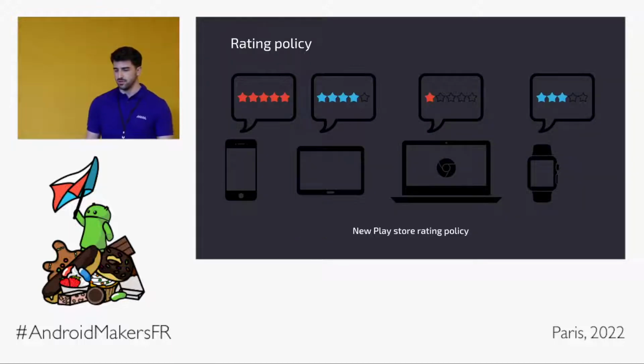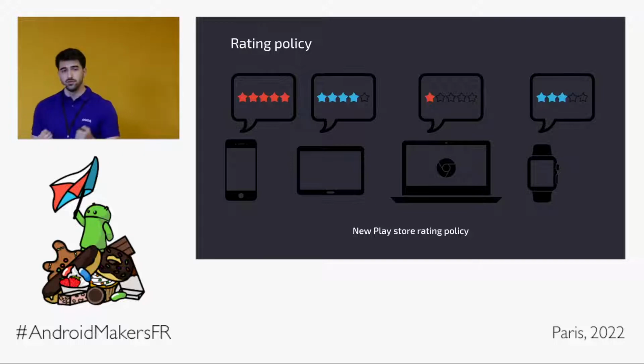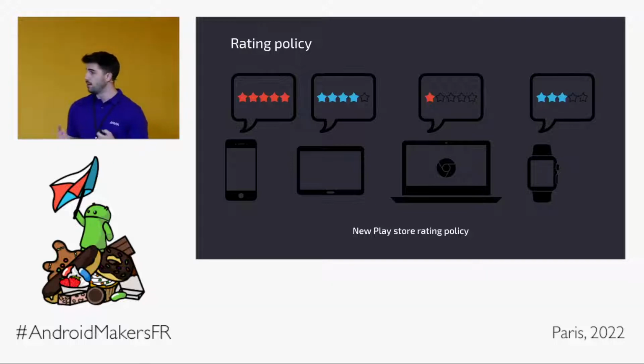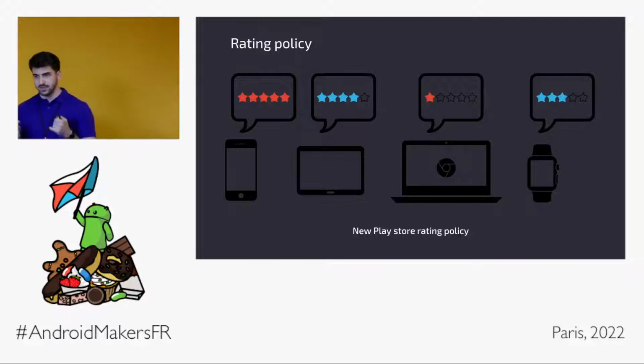Another reason that you should consider this adaptation is that now there is a new rating policy on the Google Play Store. Starting from now, users can see a rating depending on the device they are using. So there is a rating for smartphones, another for tablets, and of course a specific rating for Chromebook devices.